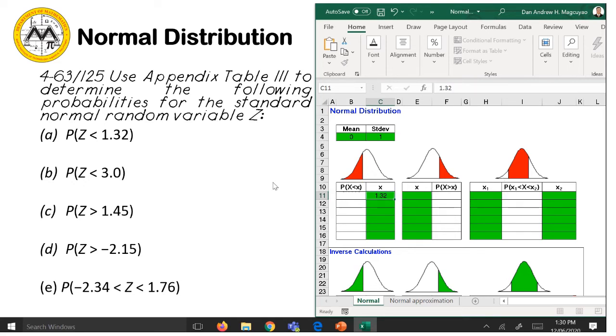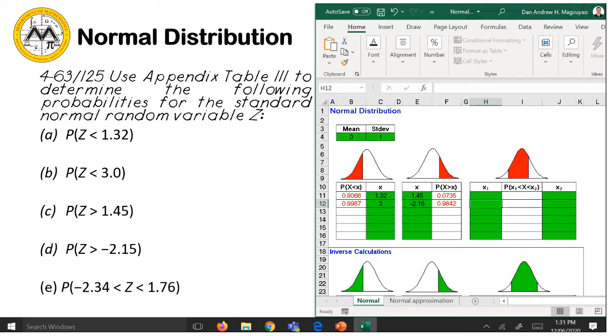For less than 1.32, we have 0.9066. Less than 3, so this is less than 3: 0.9987. And then greater than 1.45, so greater than is here. Then greater than negative 2.15.